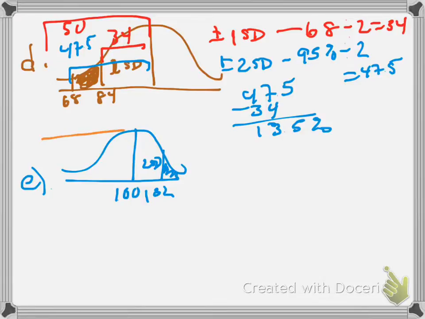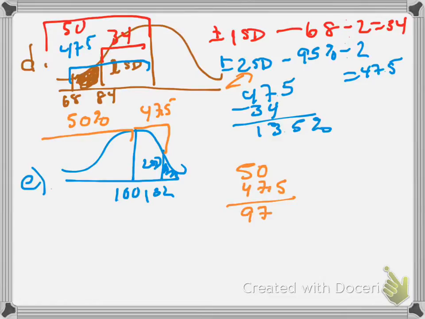And I know up to here is 50%. And again, I'm going to go up here that I got 2 standard deviations, so this is an additional 47.5. So I add the two together, and I get 97.5%.